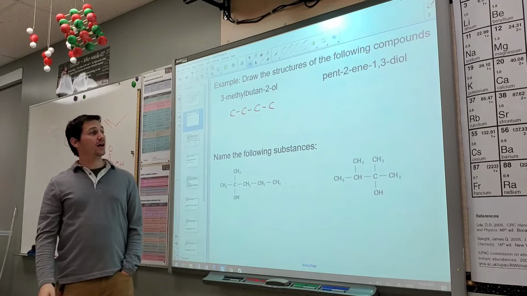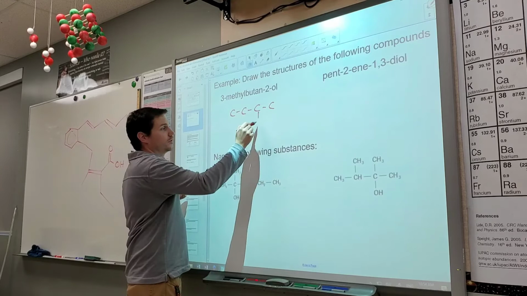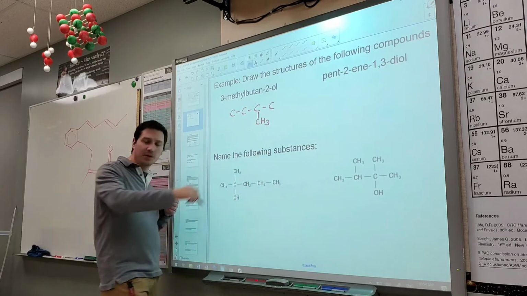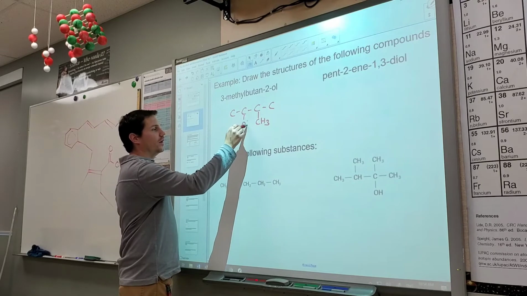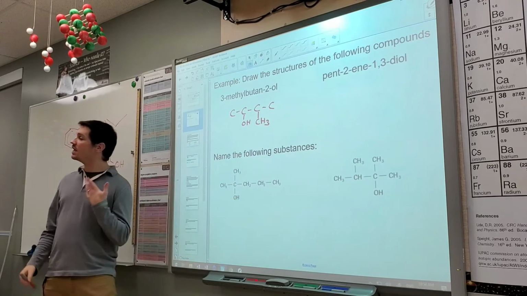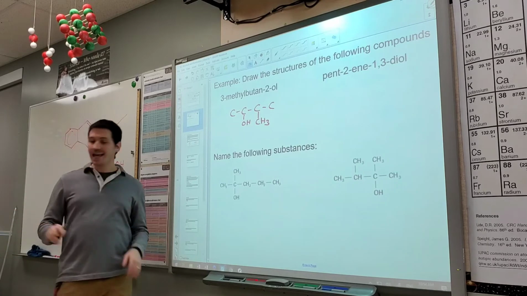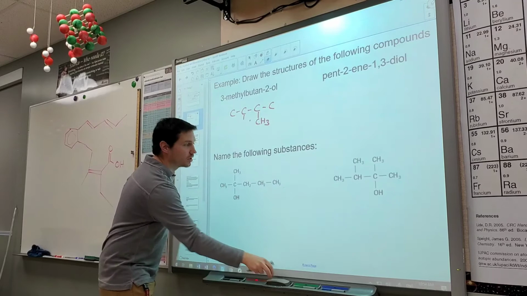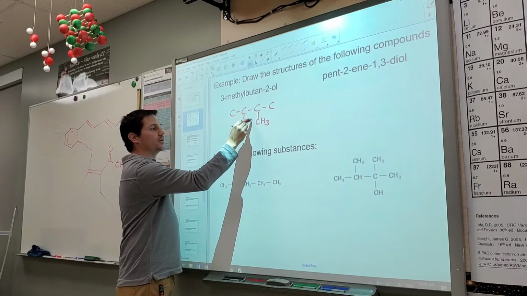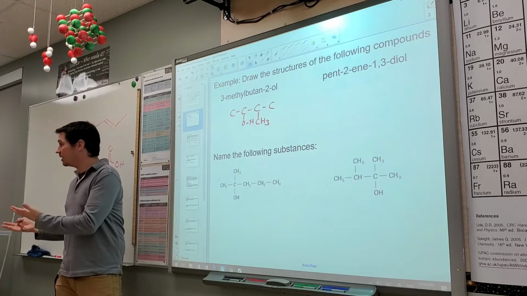And where's the methyl attached to? 3, so CH3. And where's the -ol attached to? 2, so OH. Now I want to be very clear. You can say OH as long as you understand that it really means an O bonded to an H, right? That's what it really truly means.